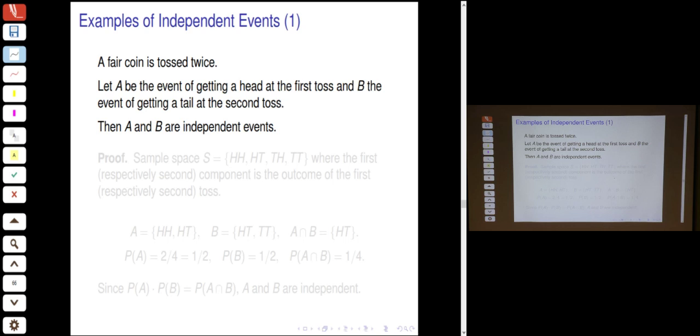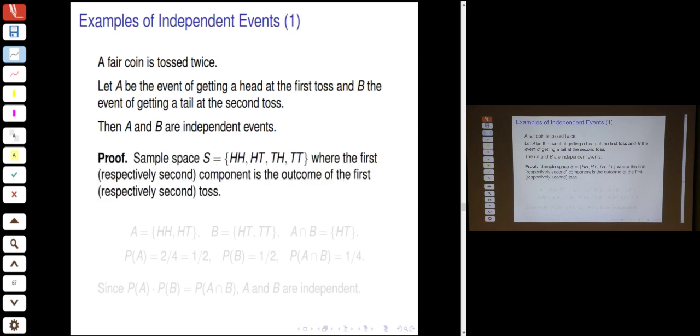Event B is getting a tail in the second toss. The claim is A and B are independent. Intuitively, this is the case, because the first toss and second toss don't influence each other. Let's check whether the mathematical definition catches this.